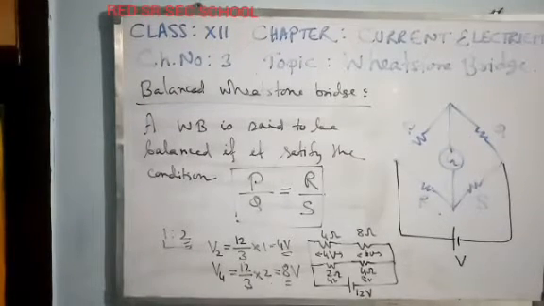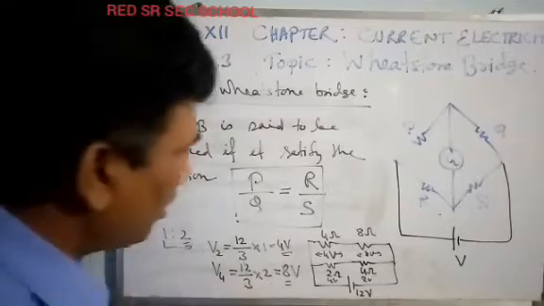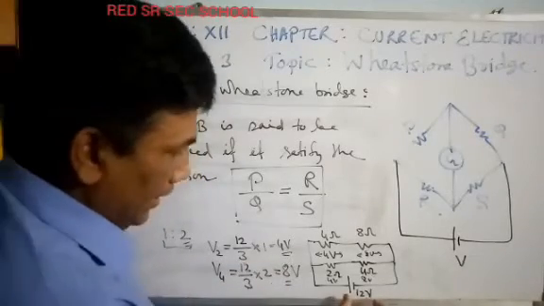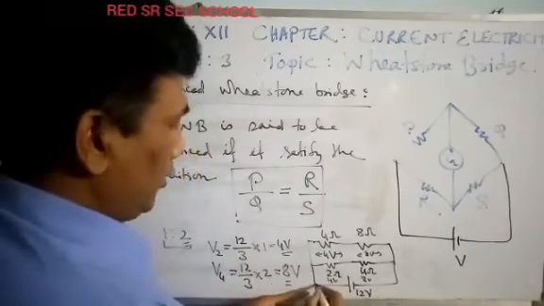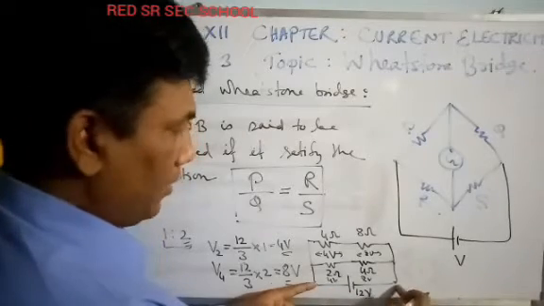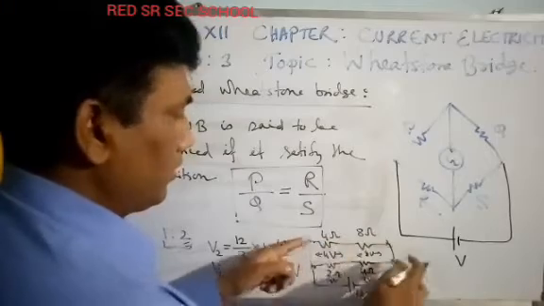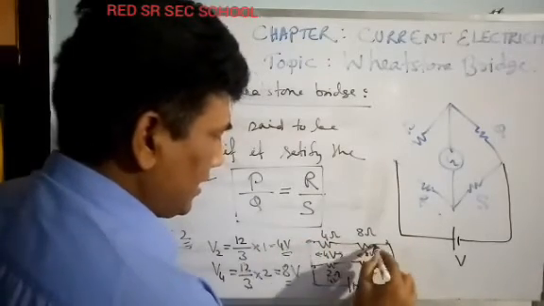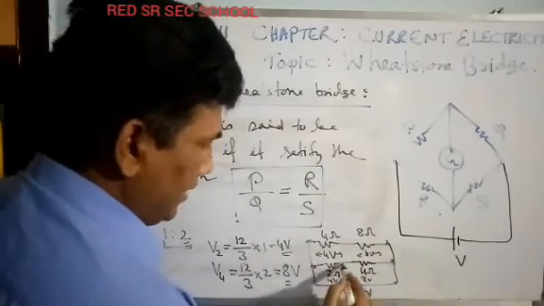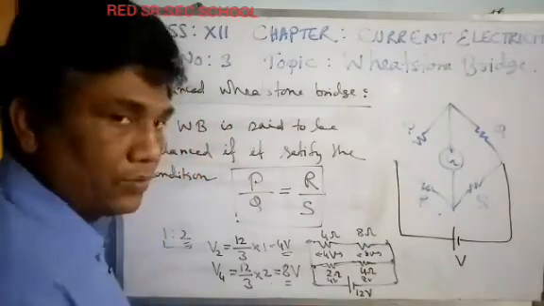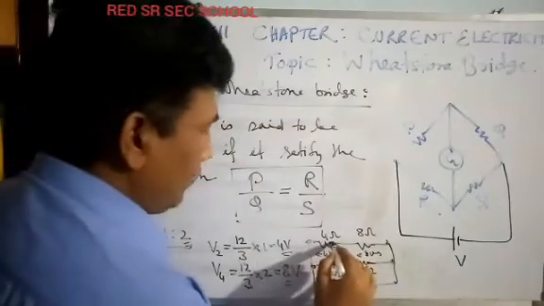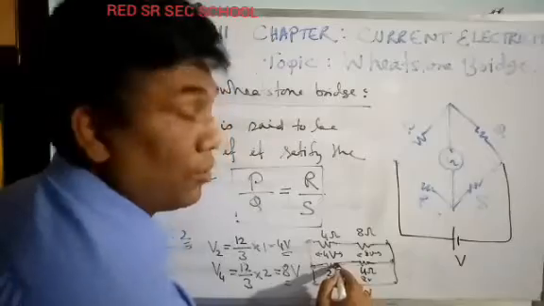Now you see, as it is 12 volts, the potential difference between these 2 points will be 12 volt, these 2 points also 12 volt, and these 2 points also 12 volt. This set of resistance is getting 12 volt and this set also 12 volt. And here 4 volt will be dropped and here also 4 volt will be dropped.